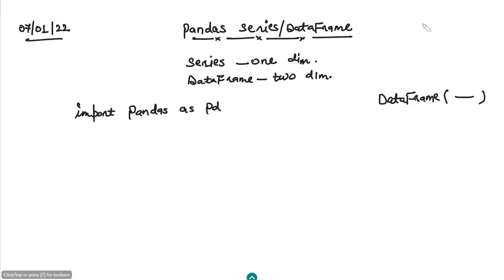So now create a data frame. Take a variable name, that is df. Df is nothing but our variable name for the data frame. Now call by reference pd, call the DataFrame method, and pass the two-dimensional array here.